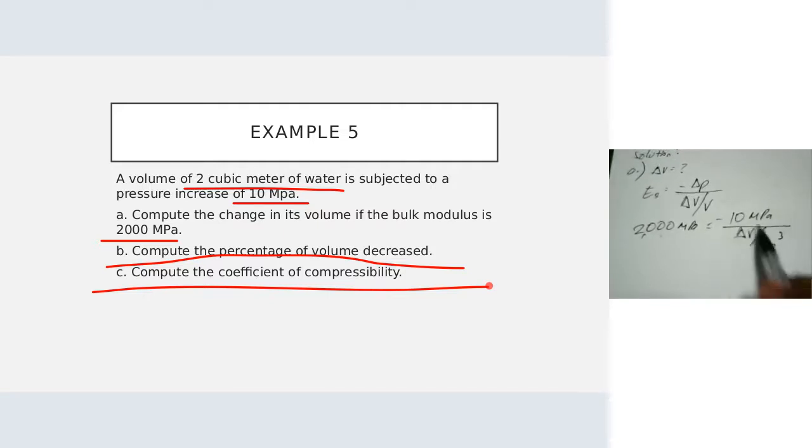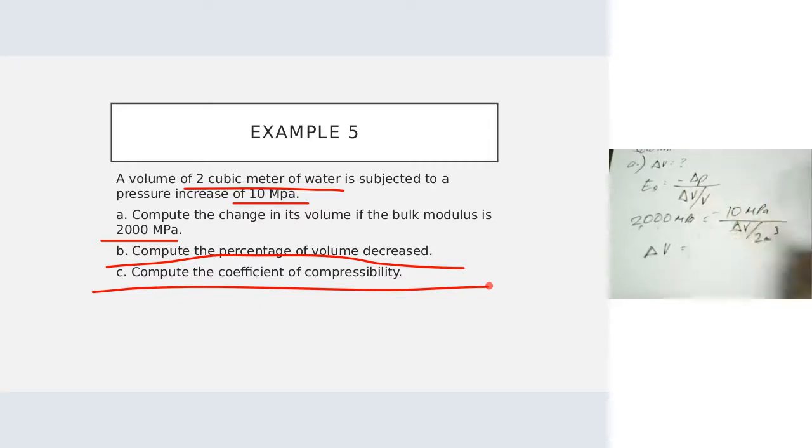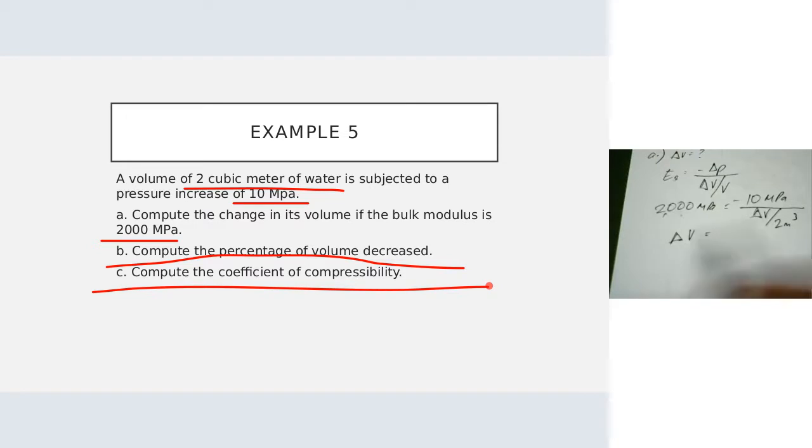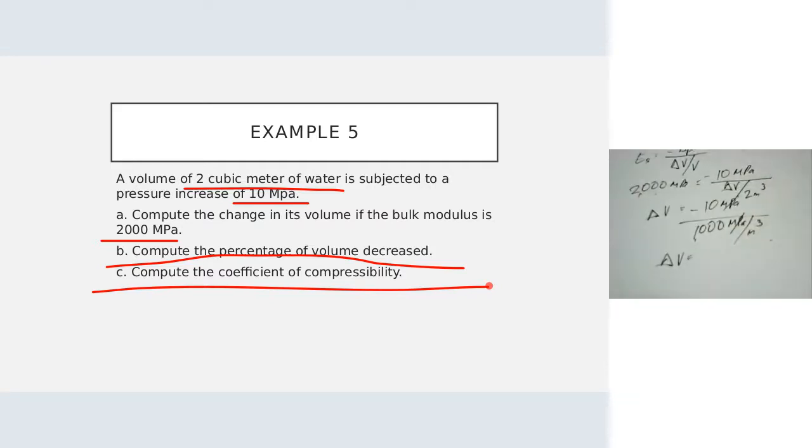Ito yung hinahanap. Okay? We can cross multiply. It will become delta V equals negative 10 megapascal over, this is 2000 over 2. So it will become 1000 megapascal over meter cube. Now cancel yung megapascal, aangat yung meter cube sa numerator. What is the change in volume?